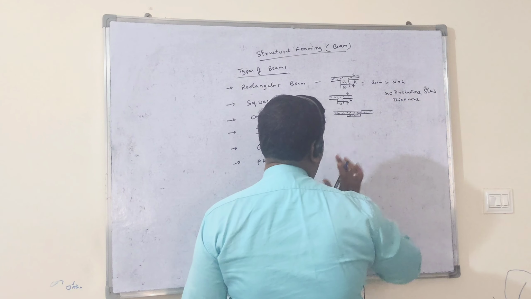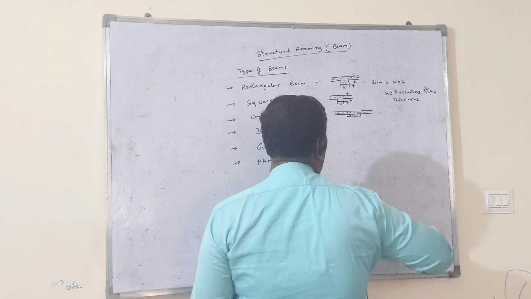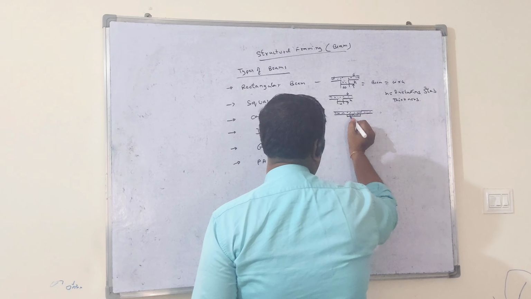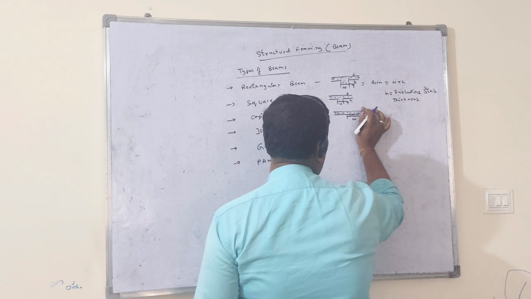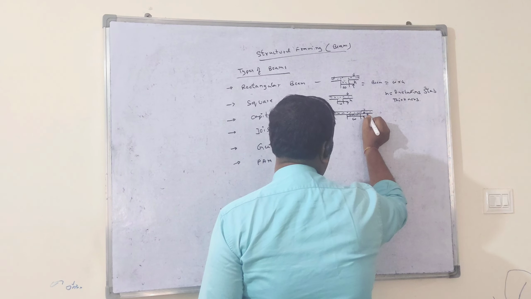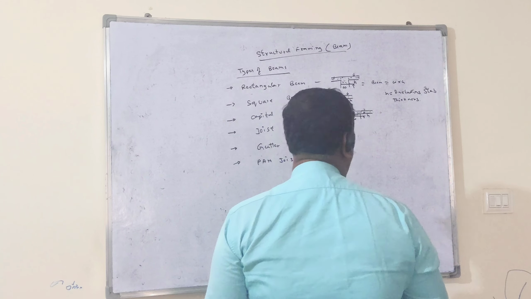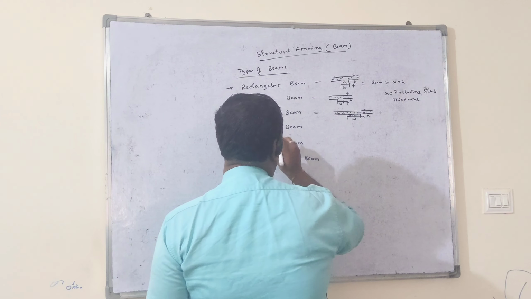Capital is what holds the slab. In some parking floors you can find this type of capital beam. The height will be very small. Here also this is the width, and the height does not take up the full slab height. It is only the bottom part. Whatever height there is at the bottom of the slab, that height is considered for the capital beam.